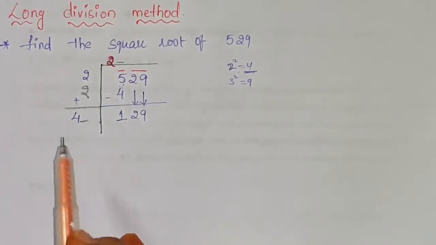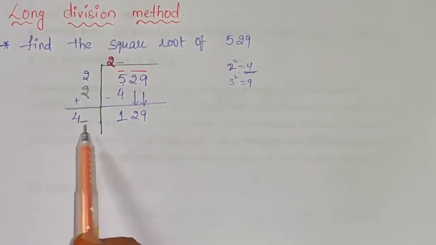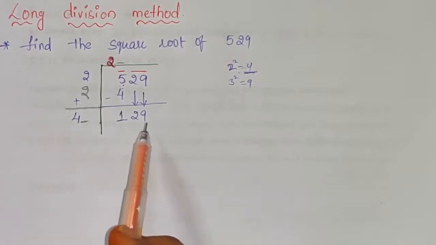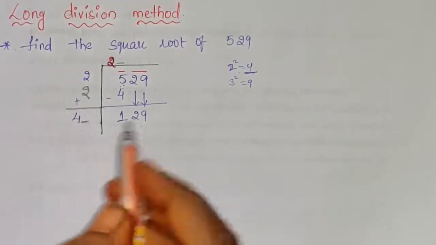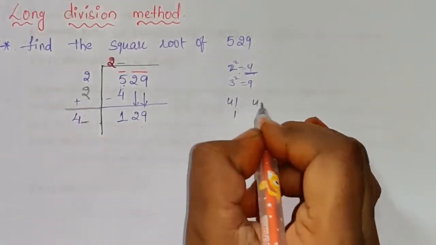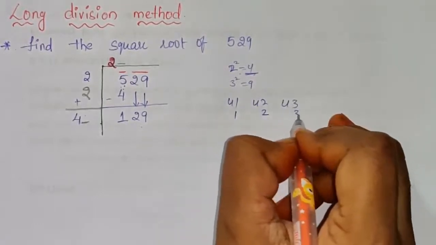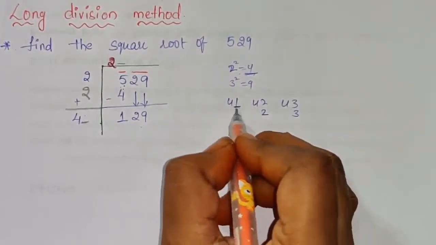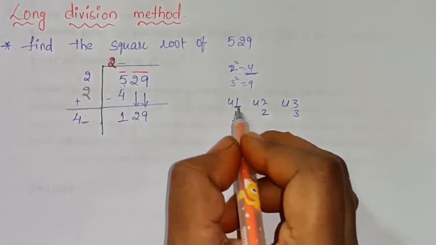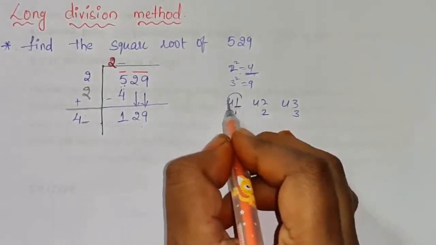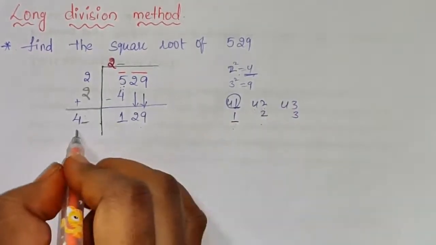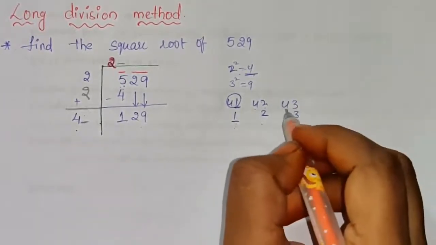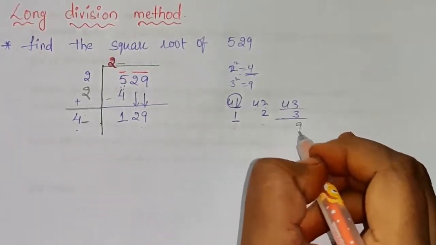We need to check the multiple which, multiplied with 4 and this blank, gives 129 or less than 129. We should check like 41 into 1, 42 into 2, 43 into 3, like that. Whatever number you take here, you should multiply the total number with the same number. If you take 2, then with 2 only you should multiply. So when you take 43 into 3, 3 threes are 9, 3 fours are 12.